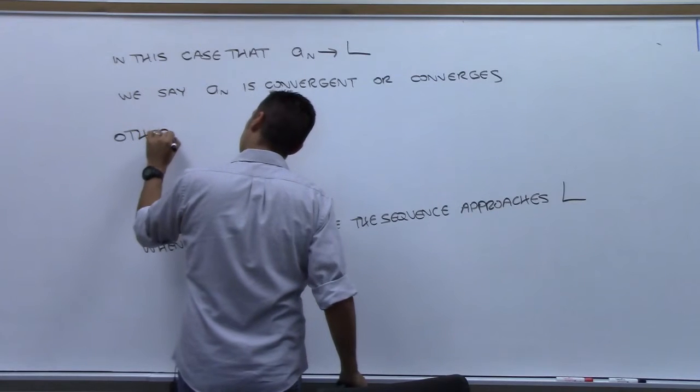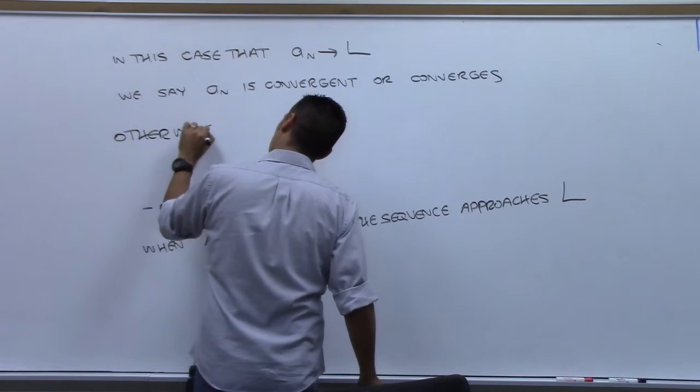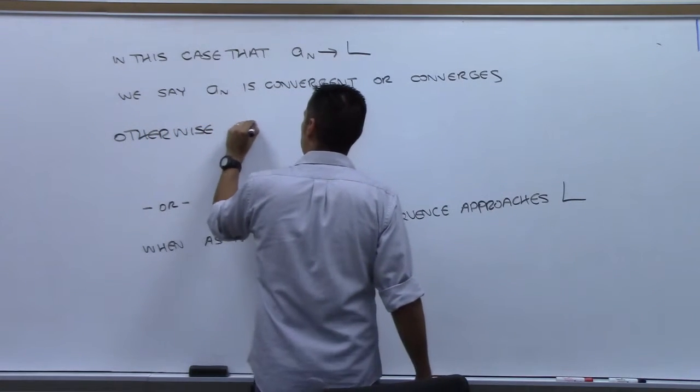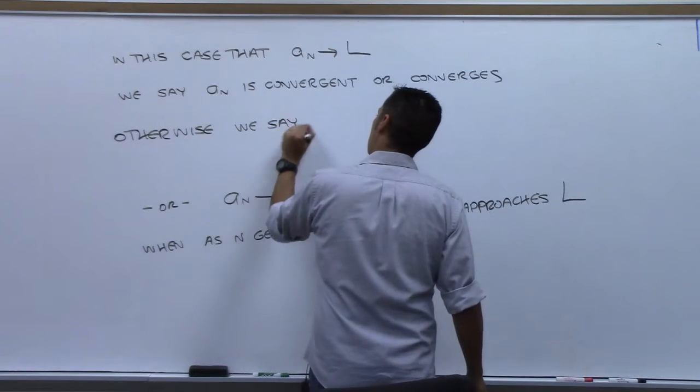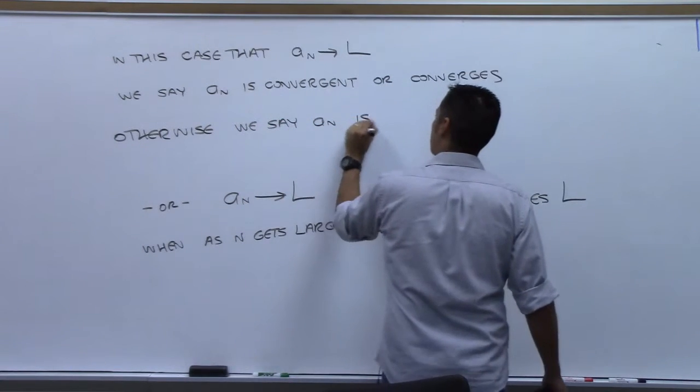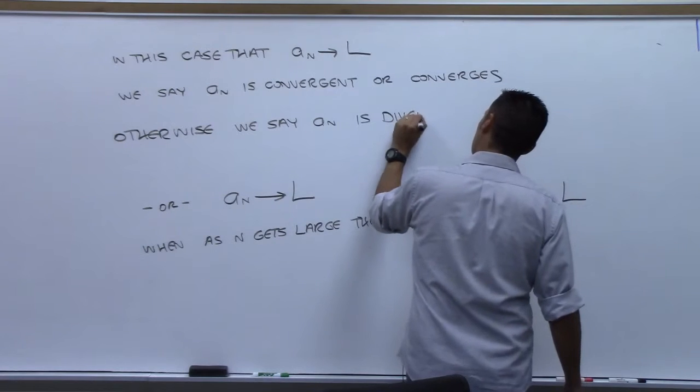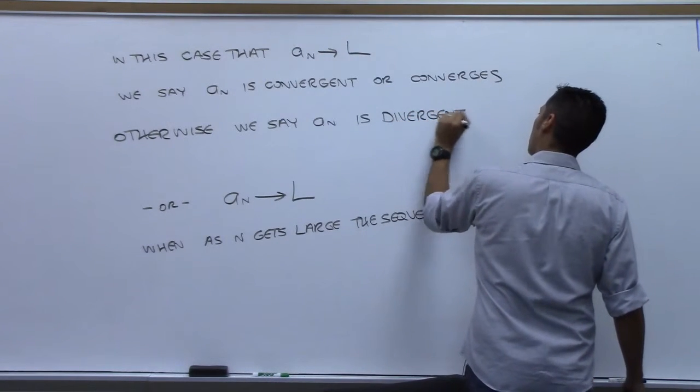Otherwise, we say a sub n is divergent, or diverges.